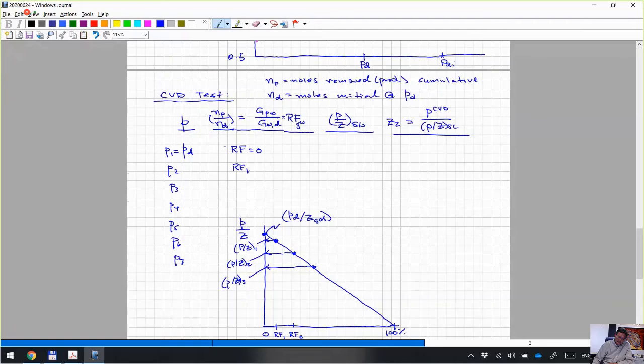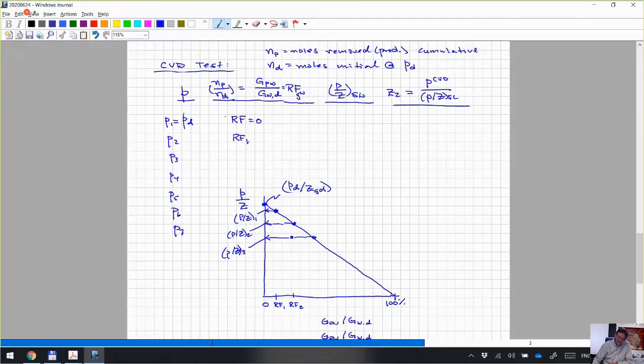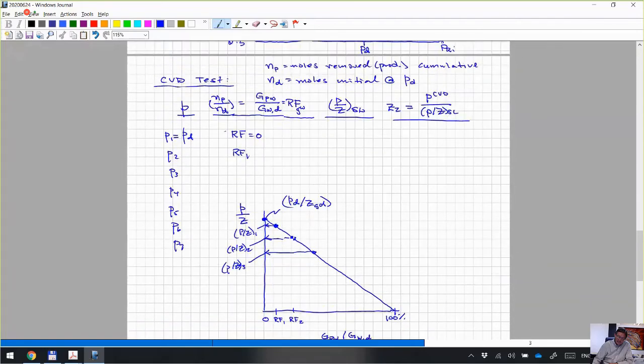All right. So the two-phase Z factor is only used to correct the dry gas material balance for the gas condensate. There is no other use. It's only used when a gas condensate applies a dry gas material balance equation.